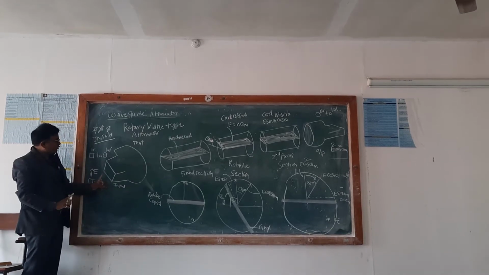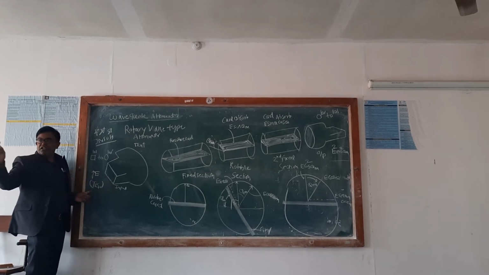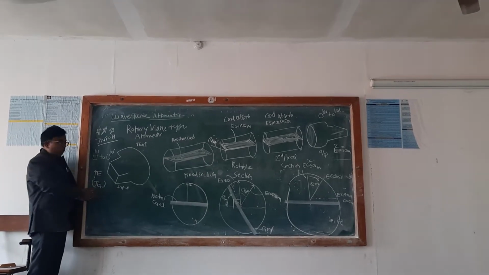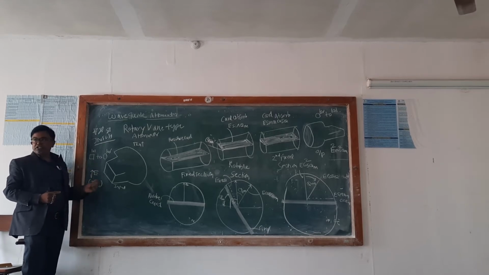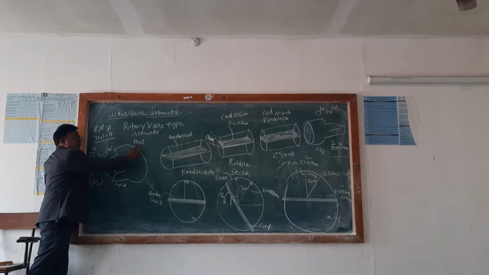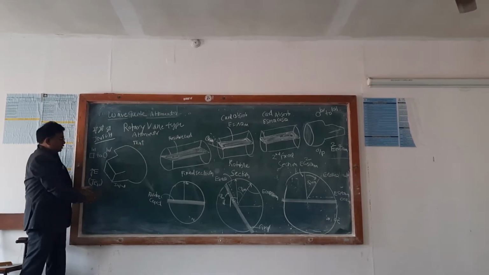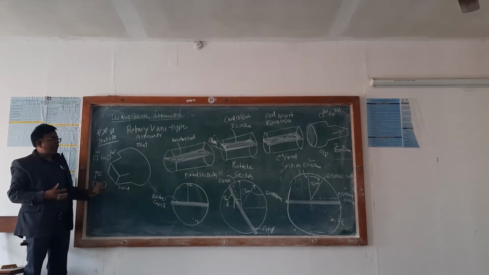If this is the rectangular waveguide, what is the dominant mode? The dominant mode is TE10. So we need to convert into the circular dominant mode, that is TE11. So this is the first portion of your rotary vane attenuator.